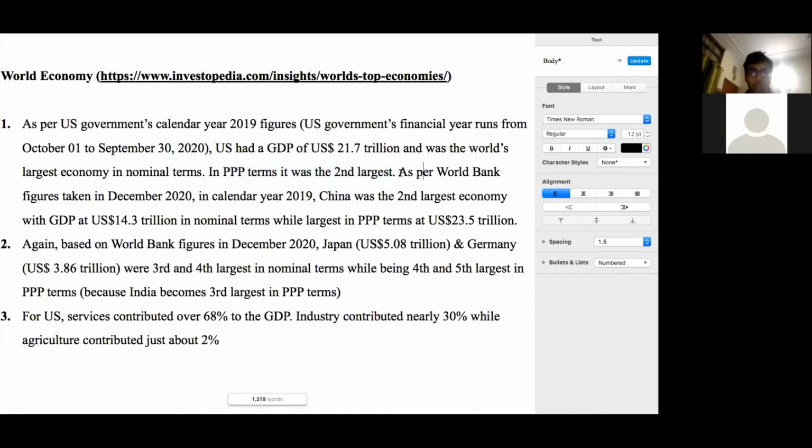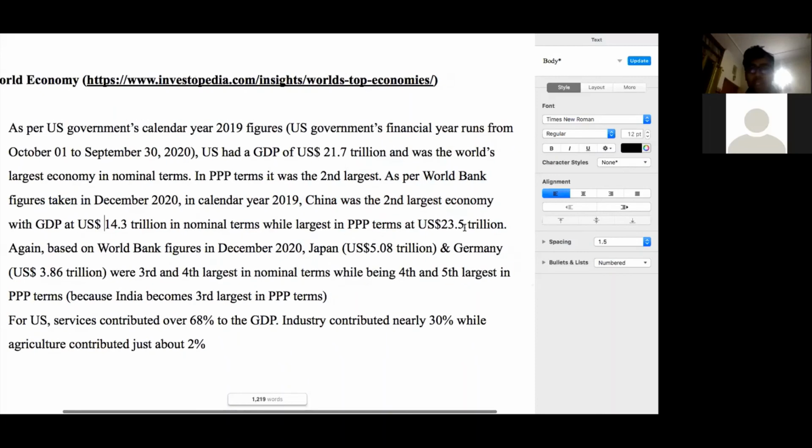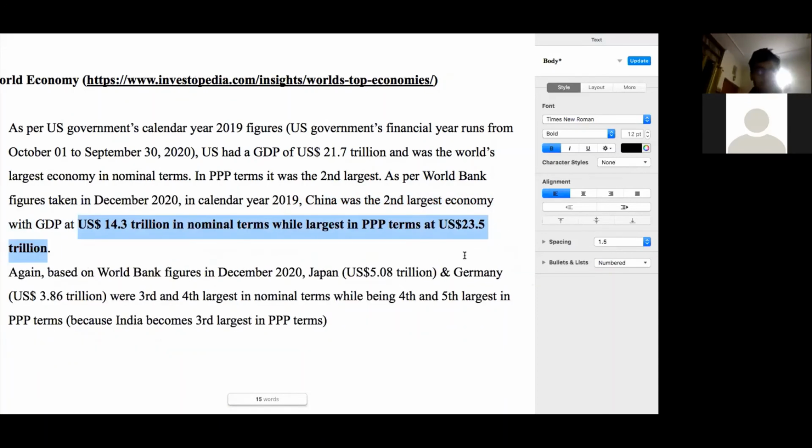As per World Bank figures taken in December 2020, in calendar year 2019, China was the second largest economy with GDP at US dollar 14.3 trillion in nominal terms and largest in PPP terms at US dollar 23.5 trillion. This is a very, very important figure.